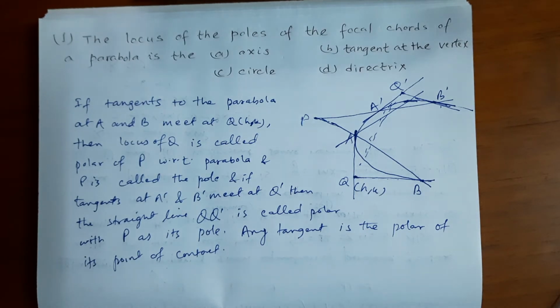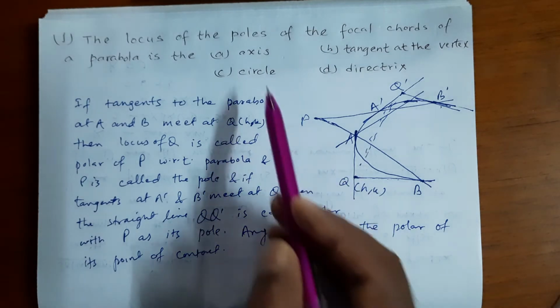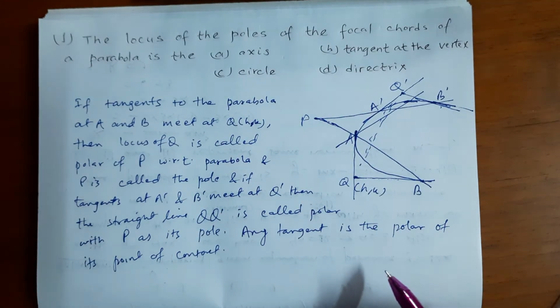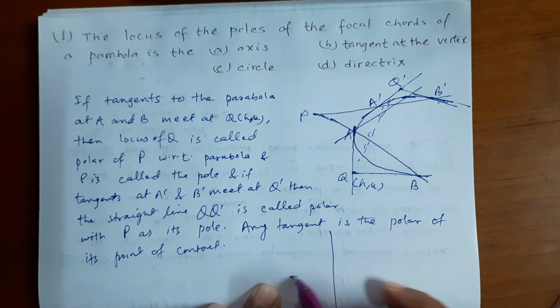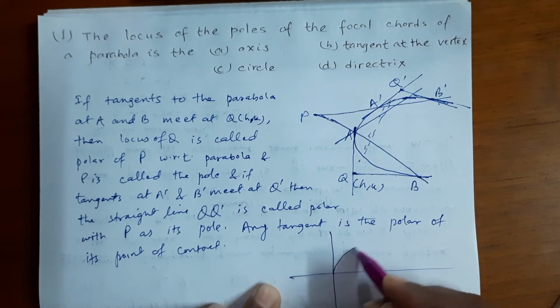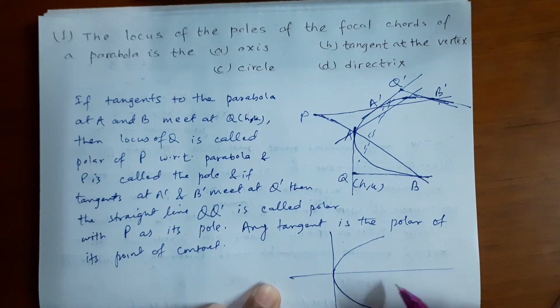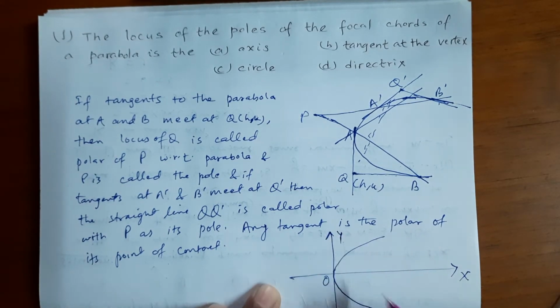And here what question has been asked: the locus of the poles of focal chord of the parabola is. Okay, out of these four options we have to choose any one. So now here let us draw a parabola again. Origin, x-axis, y-axis.